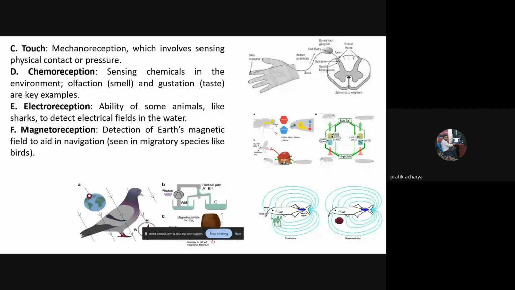After touch, chemoreception, sensing certain chemicals: olfaction, smell, gustation, taste. If we are tasting something and certain chemicals are added, the taste may be good, may not be good.